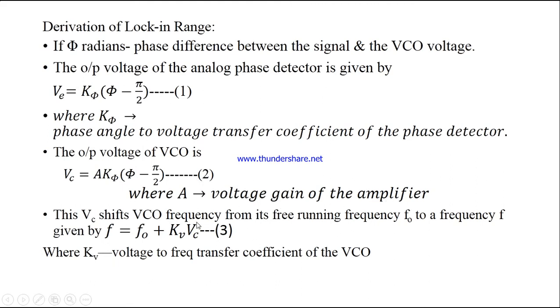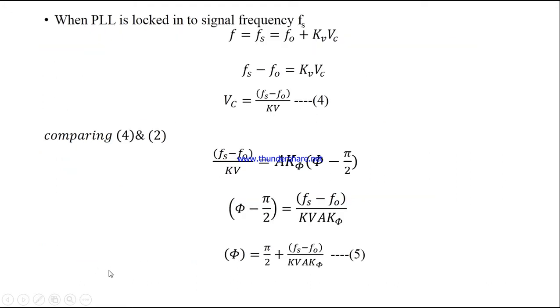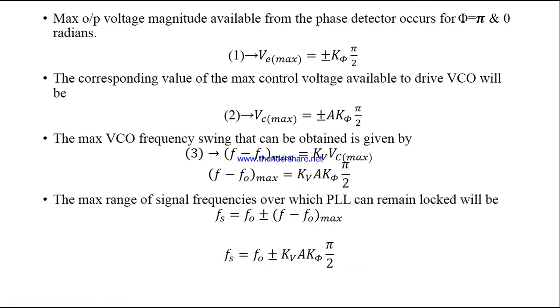Vc shifts the VCO frequency from its free running frequency f0 to a frequency f, given by equation 3, where Kv is the voltage to frequency transfer coefficient of the VCO. When the PLL is locked to the single frequency fs, fs is given by this equation. We bring f0 to the LHS and write the value of Vc. Now comparing 4 and 2, we find the value in equation 5.